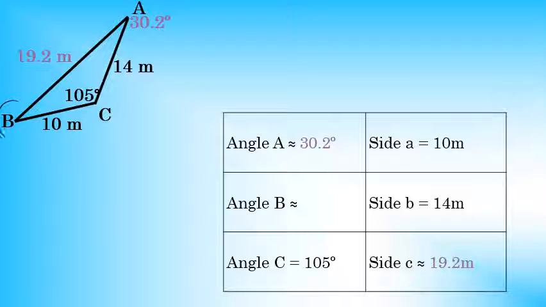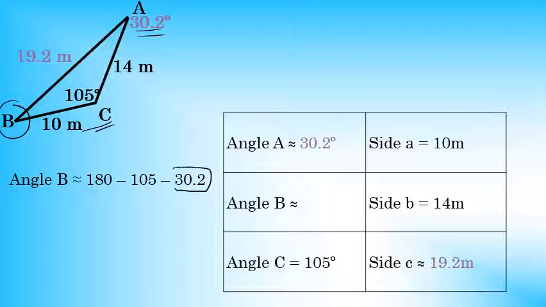So if I want to find angle B and I know angle A and angle C, I'll simply subtract 180 minus 105 minus 30.2 to find an approximate value of angle B. I'm saying that this is an approximate value because remember, angle A has been approximated. It's approximately 30.2 degrees. Angle B equals approximately 180 minus 105 minus 30.2, which is 44.8 degrees.